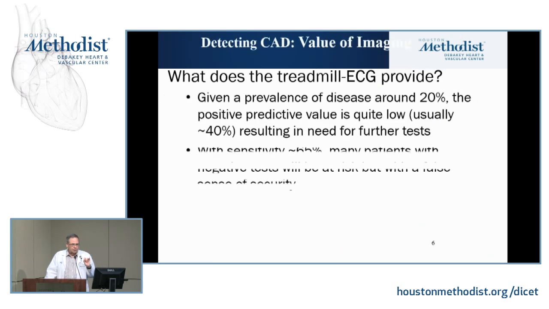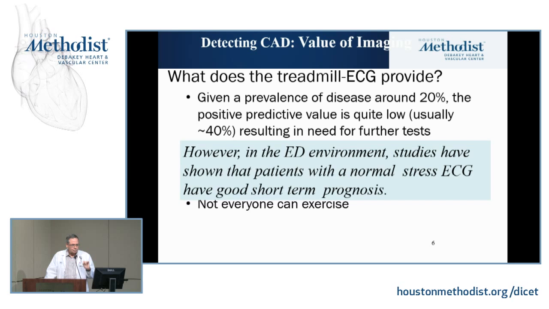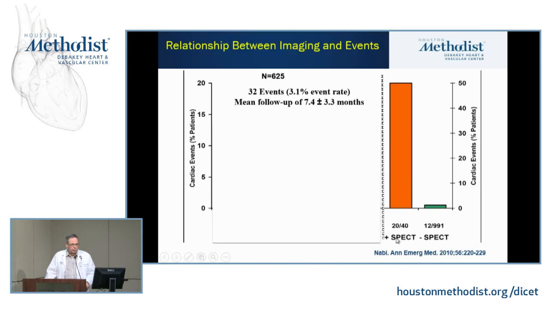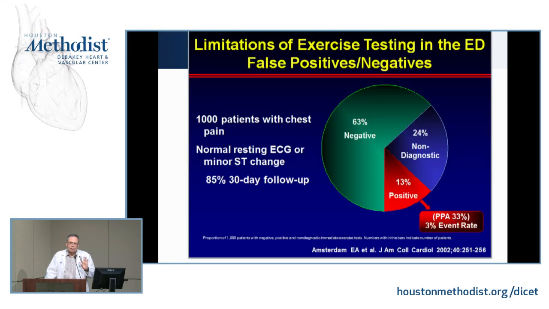But if somebody exercises well, the prognosis and the Duke score is in a very low risk setting, these people do very well. So we have to remember, because when you go to a community where you're practicing perhaps in a 100-bed hospital, you might have a nuclear medicine guy doing the nuclears, a radiologist with CTs. It may be on you to make some decisions. And I think it's good to know, regular treadmill still works.